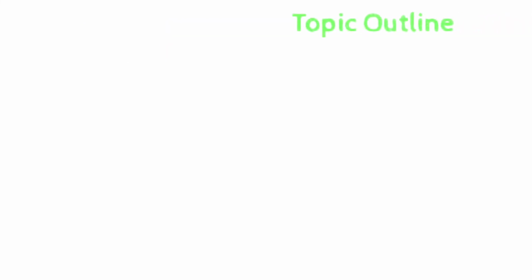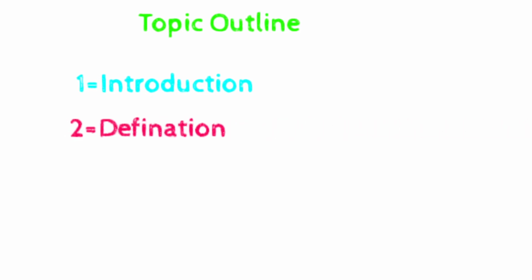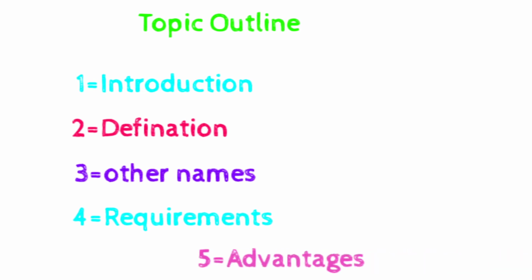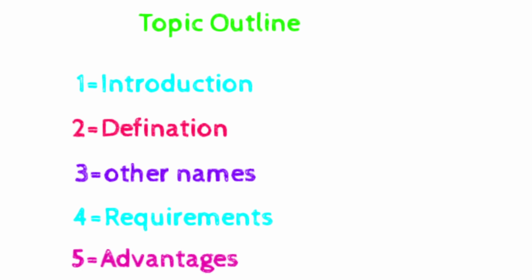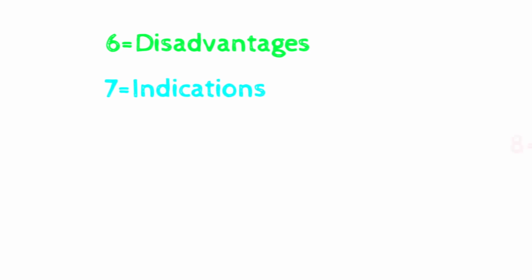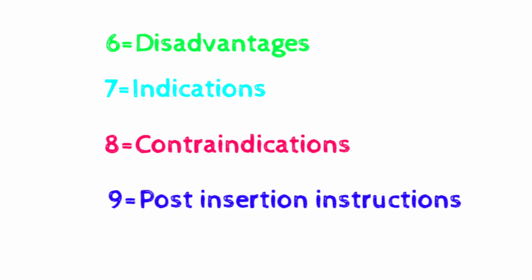Today's topic outline includes: number 1, introduction of overdenture; second, the definition of overdenture; third, other names or synonyms for overdenture; fourth, the requirements of overdenture; fifth, the advantages of overdenture; sixth, the disadvantages of overdenture; seventh, the indications of overdenture, in which condition we give overdenture to a patient; number 8, the contraindications of overdenture; and number 9, the post insertion instructions to the patient. Now first we start from the introduction.